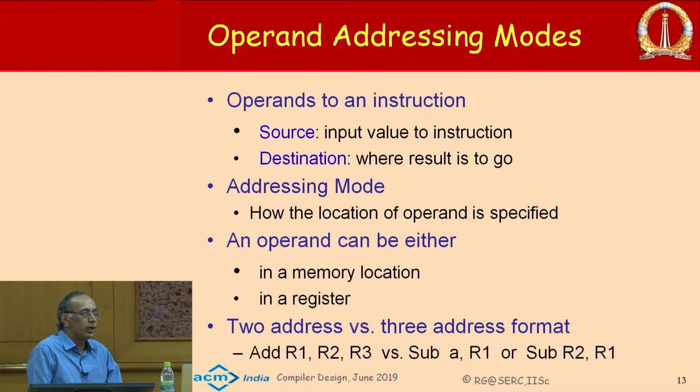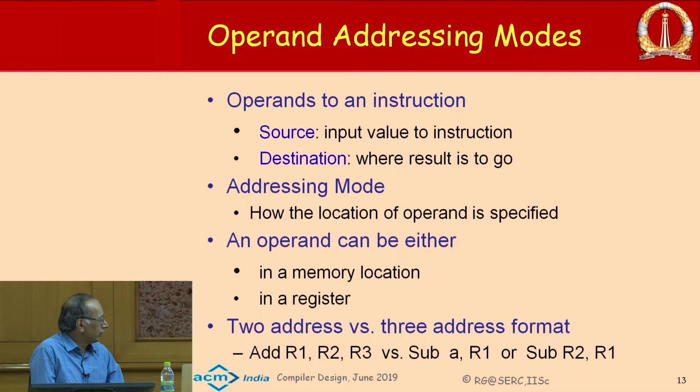One of them is the source as well as the destination. Which one is the source and destination is by convention. Typically, we will assume that when I specify subtract R2 R1, it is R2 minus R1 going back into R2. Sometimes you can also say R1 minus R2 going into R1. It does not matter, it is a convention and it depends on the processor which way it is written.